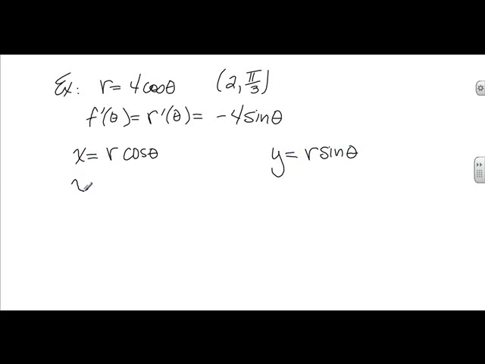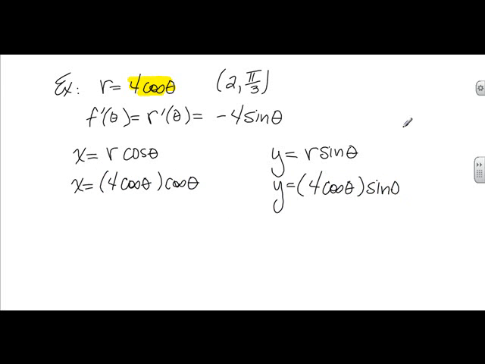So when we plug in r into that formula, we have 4 cosine theta times cosine theta for x, and 4 cosine theta times sine theta for y. So x is 4 cosine squared theta, you can write it that way if you want to, and y is 4 cosine theta sine theta.